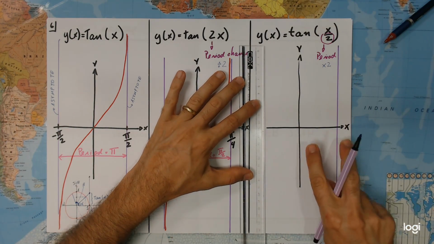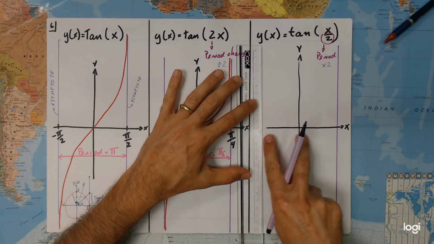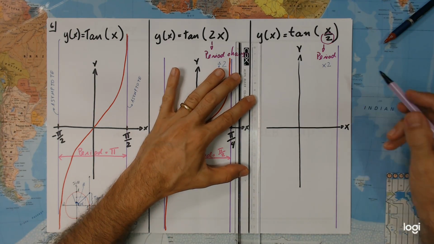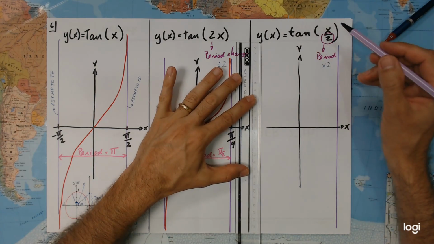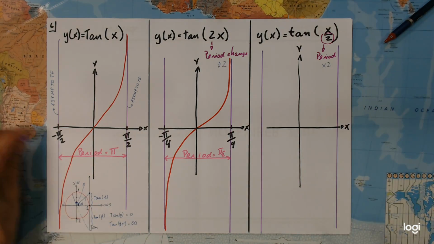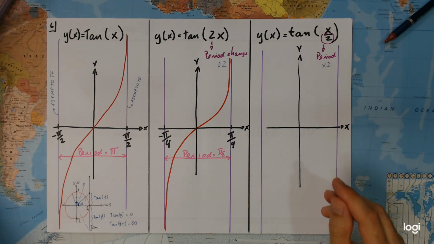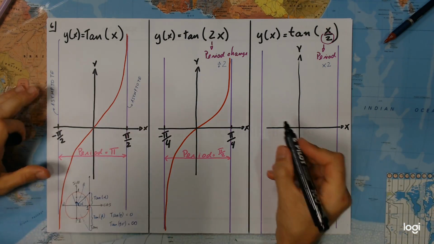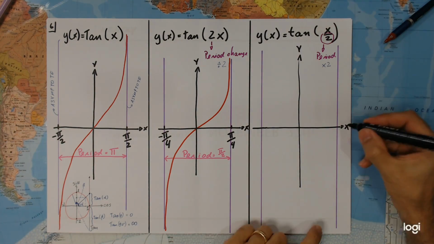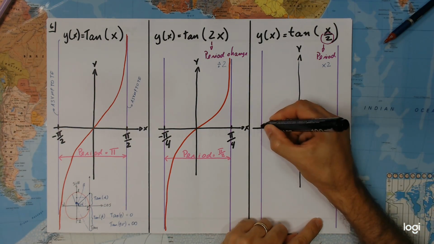Like this. Let's make some symmetry. I then complete a little bit more to the left. They are symmetric relating to the y-axis. Let's complete a little bit more.